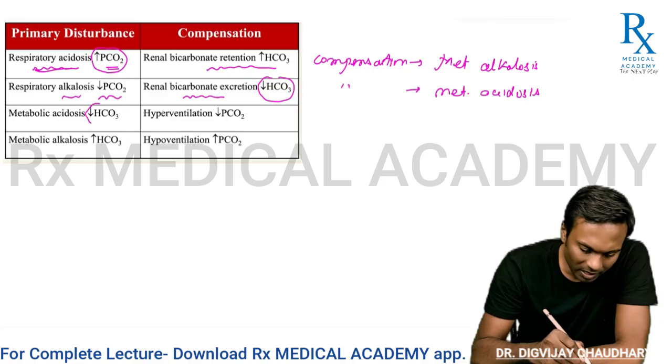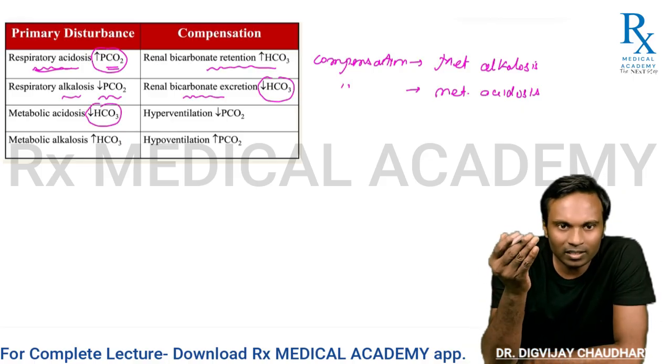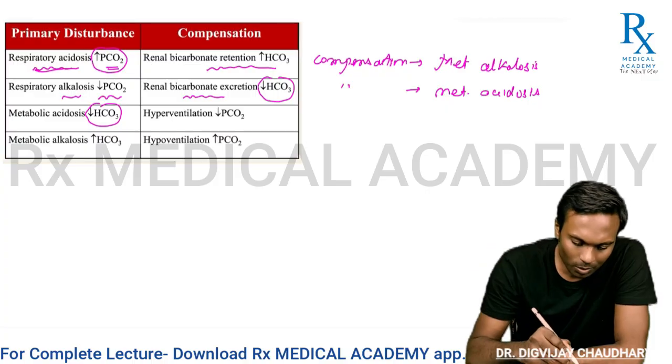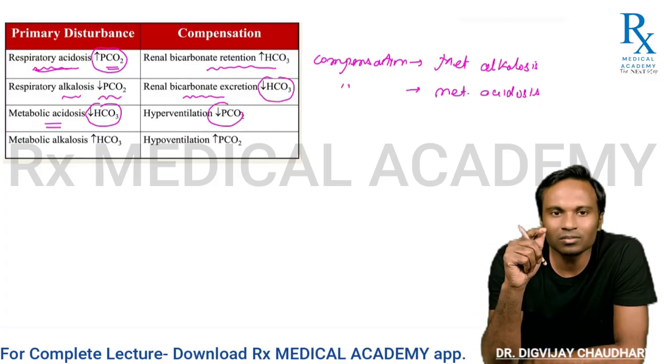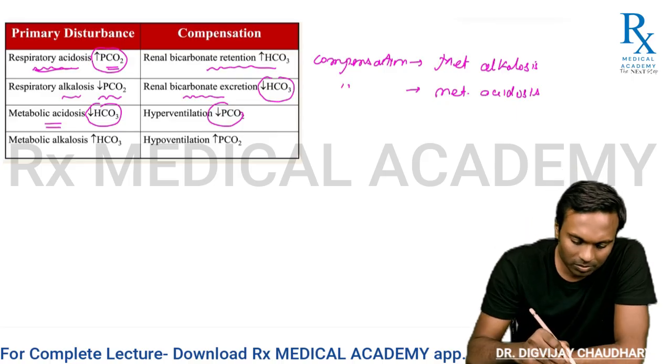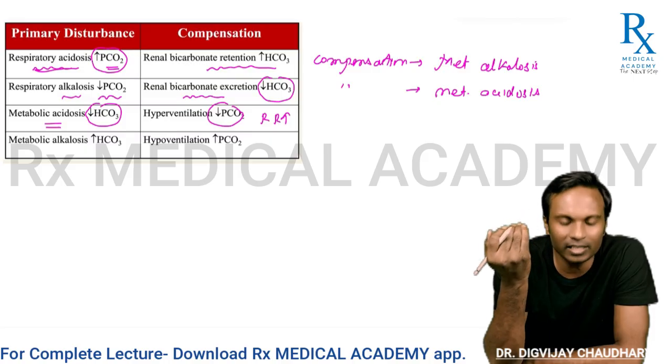If there is a fall in bicarb levels, it means alkali is getting lost. So less alkali means more acid. So this will be metabolic acidosis. Compensation will be respiratory alkalosis. So this patient will start hyperventilating, right? The patient will start losing a lot of carbon dioxide, so acid decreases.